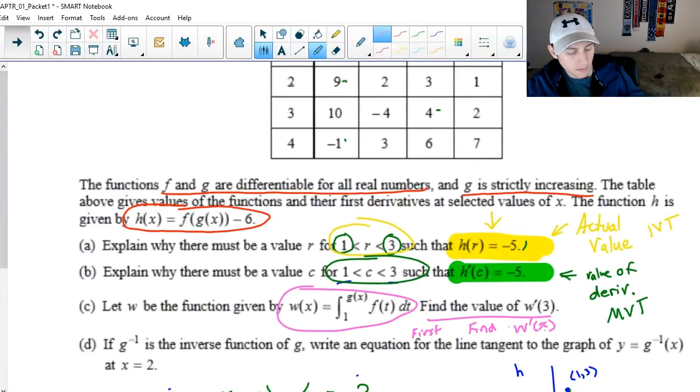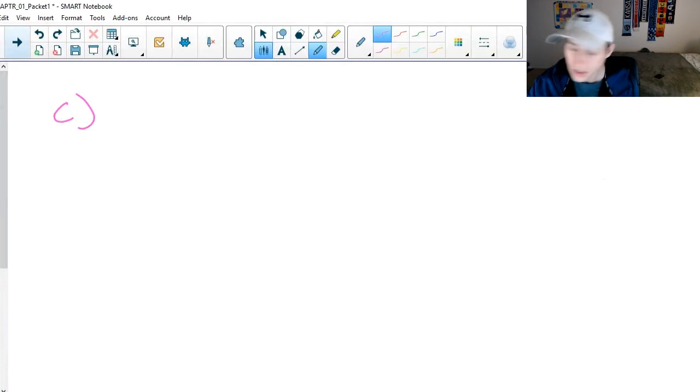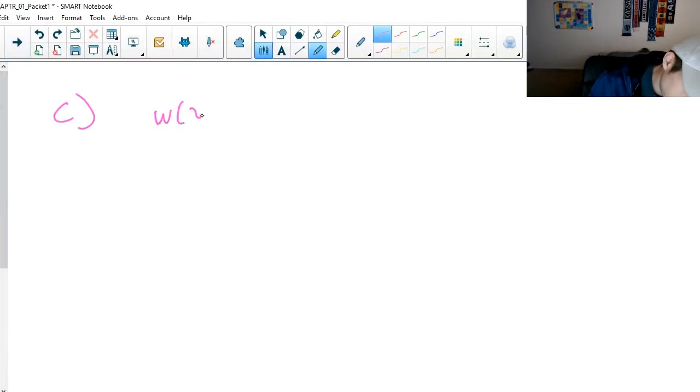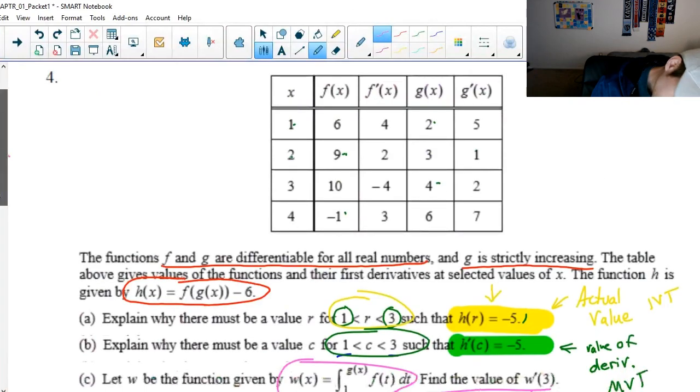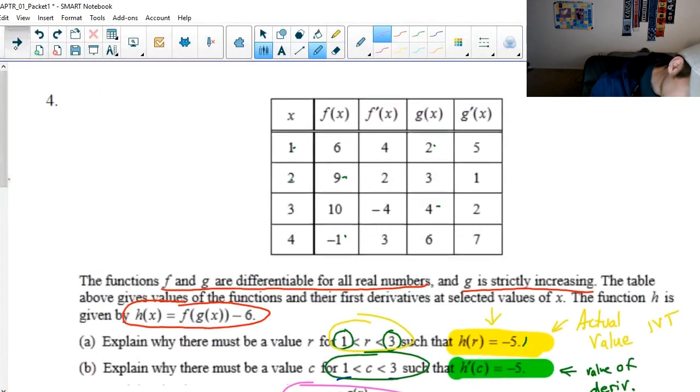Okay. Now, it's been a while since we talked about this, so I'm just going to copy down again what w is. So 1 to g of x, right, of f of t dt. Okay.